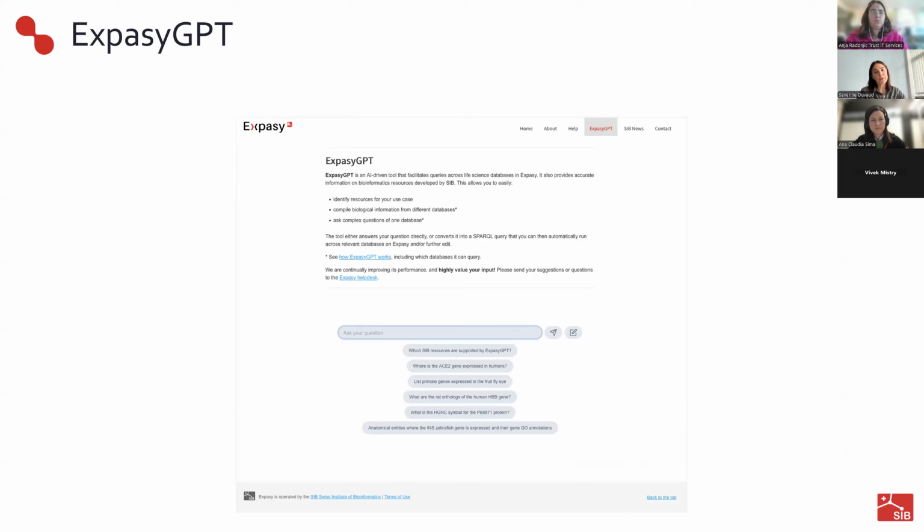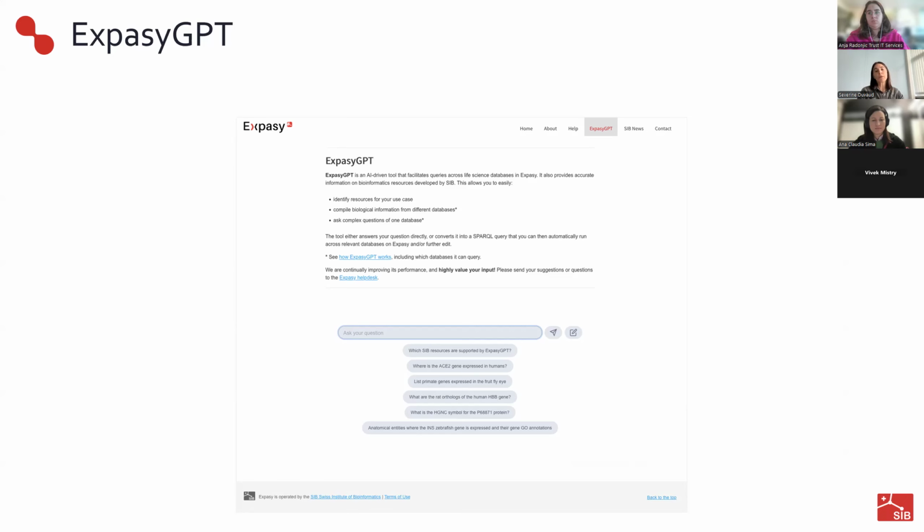It enables natural language queries across distributed biological data. XPC GPT offers a streamlined, chat-like experience. But behind this simplicity must lie a solid foundation based on structured, machine-readable data.